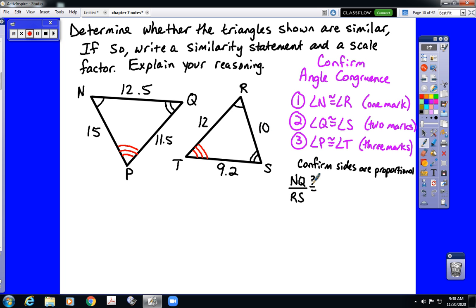That has to be equal to QP over, since that has 2 at one end and 3 at the other, ST. And that has to be equal to PN, or NP, over RT, because those are the ones that have 1 and 3 at the endpoints. Okay, so we've got to make sure that these are equal.